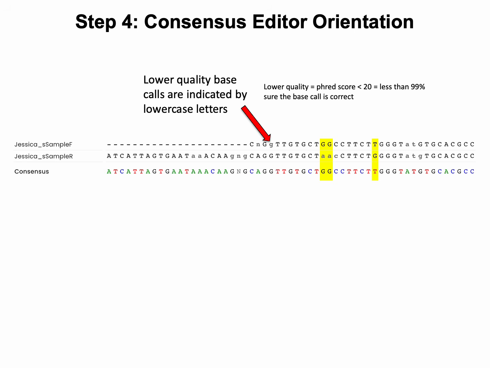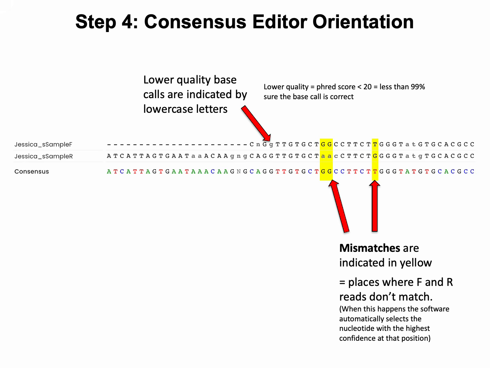A few important things to note in the consensus editor screen. Lower quality base calls are indicated by lowercase letters, like the lowercase g pointed to by the red arrow here. And recall that a lower quality base call is one with a Phred score less than 20. In other words, it is less than 99% accurate. You also might see highlighted regions. These indicate mismatches, or places where the forward and reverse reads don't match one another.